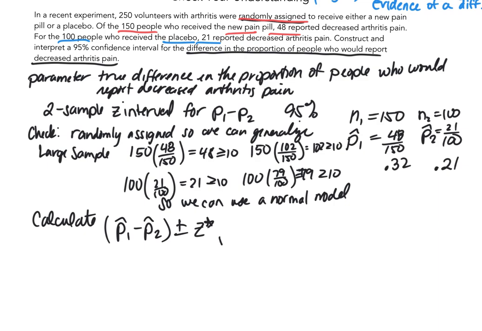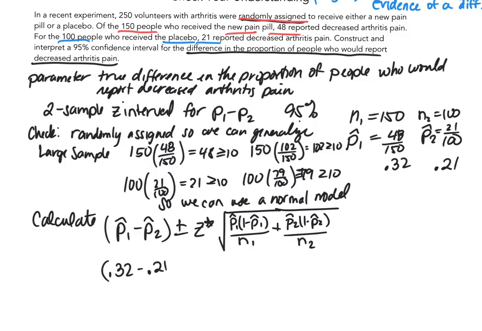Z star square root of P hat 1 times 1 minus P hat 1 over N1 plus P hat 2 times 1 minus P hat 2 over N2, which ends up being 0.32 minus 0.21, plus or minus the Z star for 95%, which is 1.96.